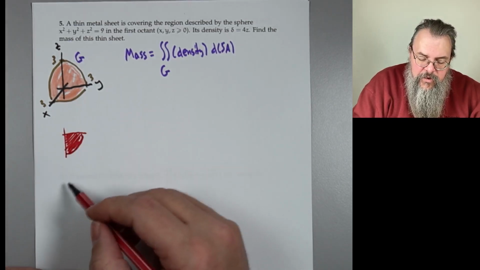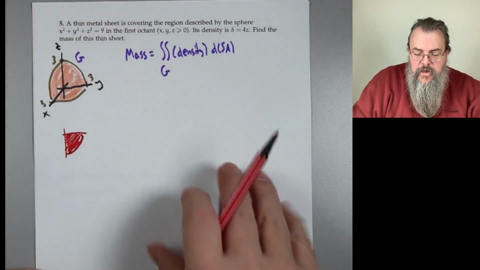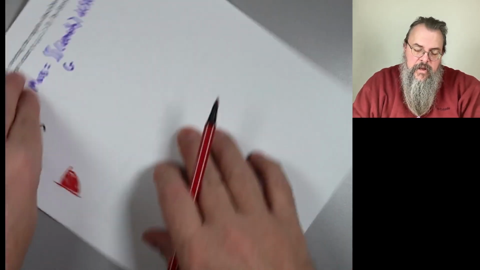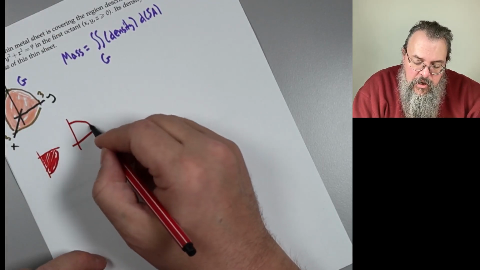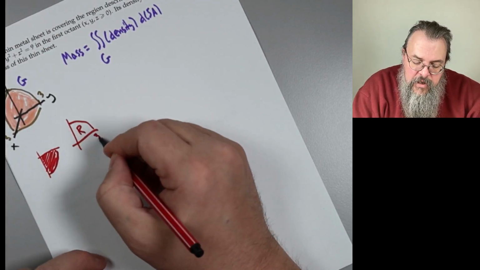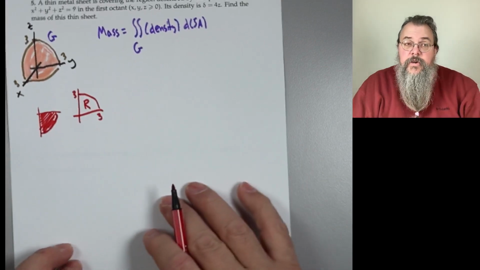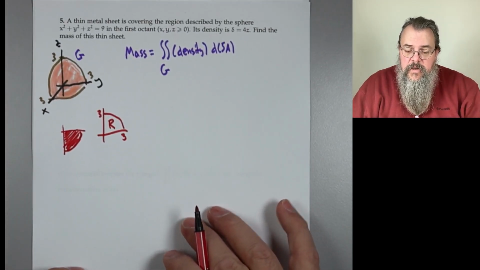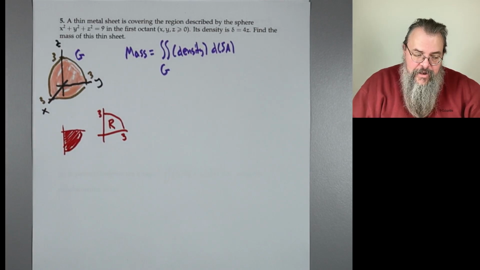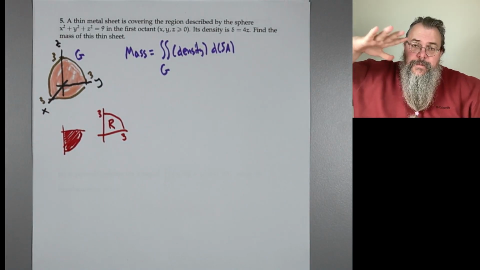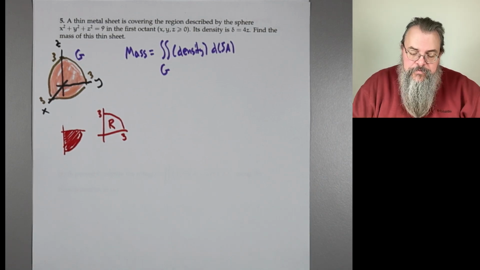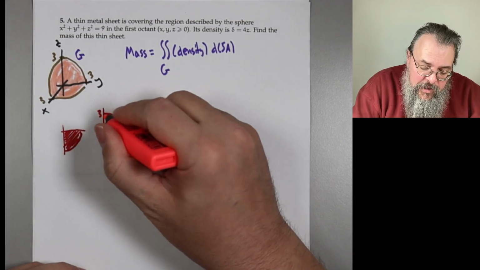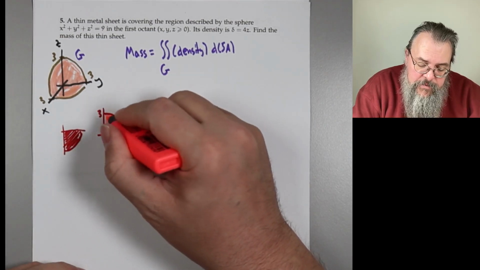Now, if we fix the orientation, in other words turn it 90 degrees, what we have is that our region R in the plane is a quarter circle. So our goal is to say, hey, we're not going to do a surface integral. We're going to do an integral over a region in the plane. But what we have to do is figure out how we pull that off.